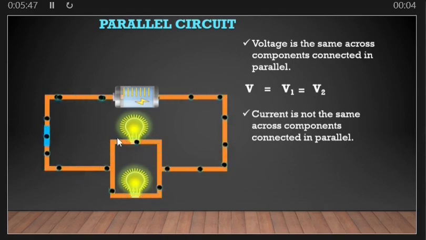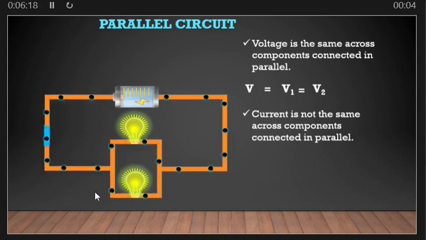Some electric charges flow through this lamp and some flow through this lamp, and you know that current is the rate of flow of electric charge. So the charges flowing here create a different current, and the charges flowing in this other lamp create a different current. This is why we say current is not the same across components connected in parallel.